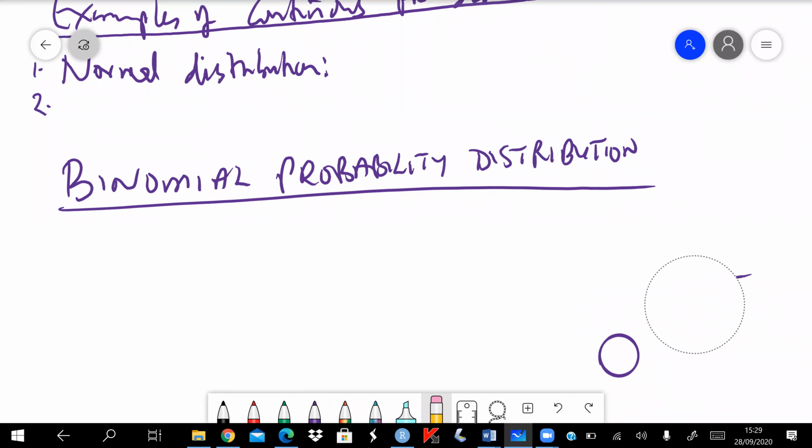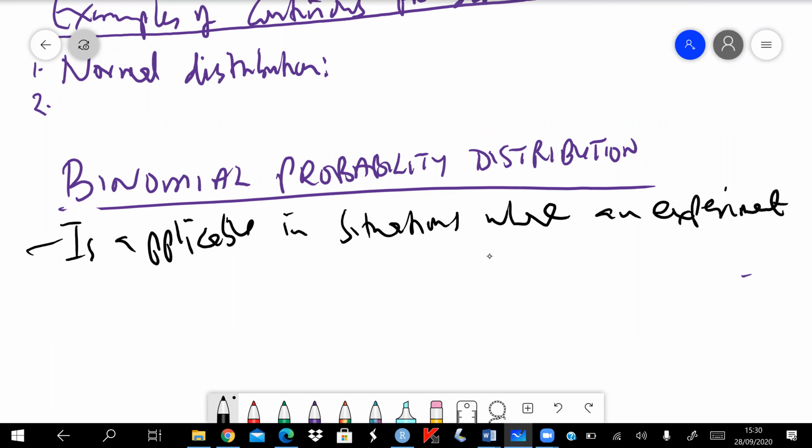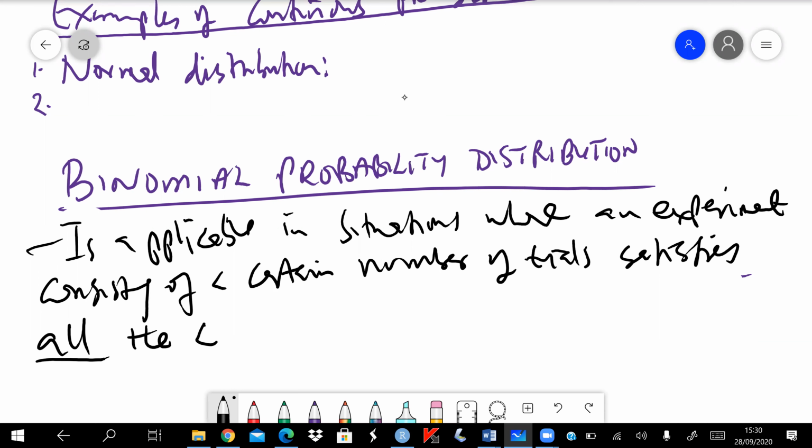So let's start by saying that the binomial probability distribution is applicable in situations where an experiment consisting of a certain number of trials satisfies all the four conditions below.